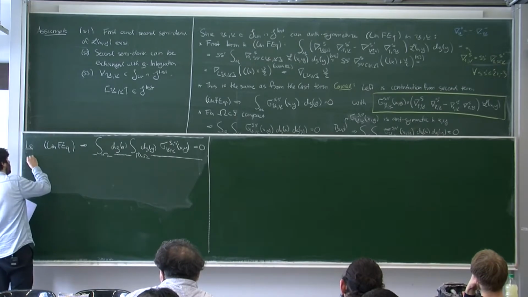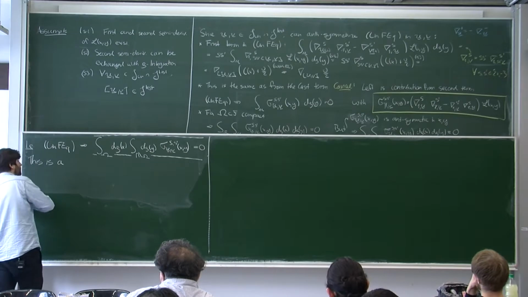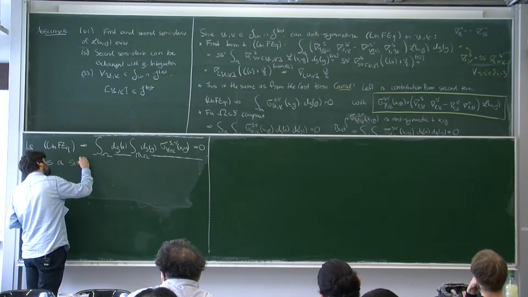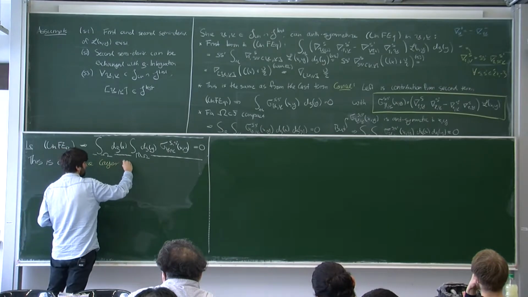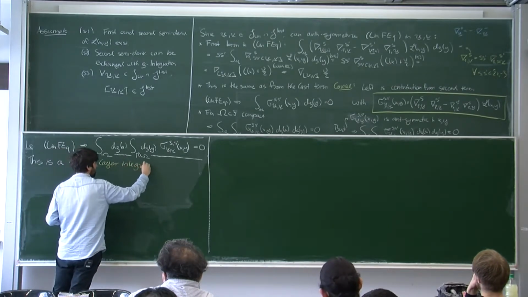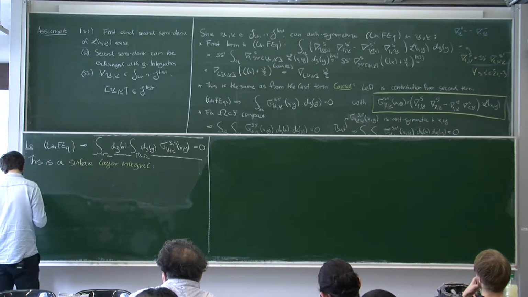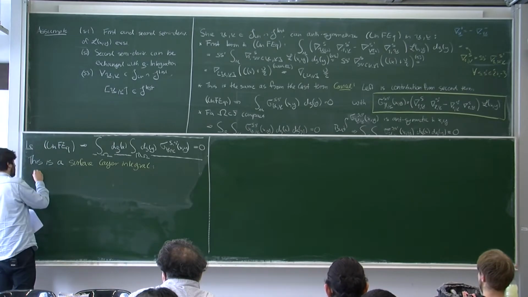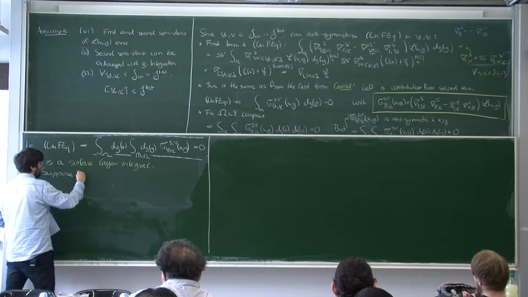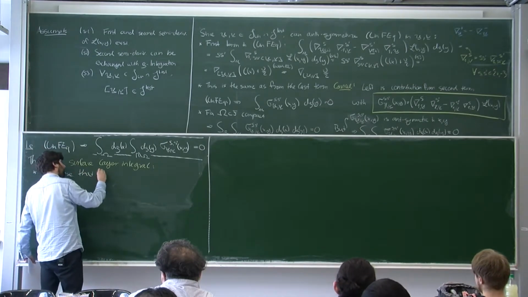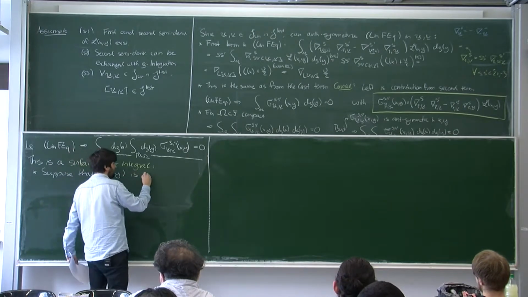So this is a surface layer integral. What does this mean? Well, to explain what it means, suppose for the moment that L of x y is of short range.